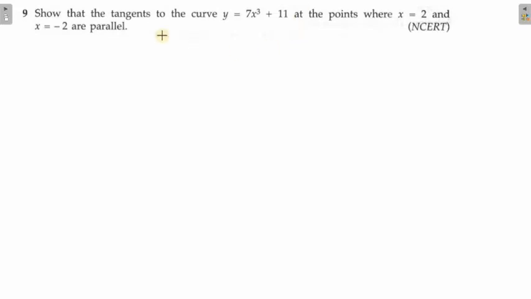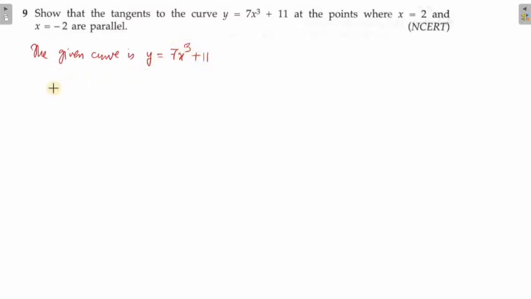Let's move to question number 9. Let's see what this says. Show that the tangents to the curve y equals to this one at the points x equals to 2 and x equals to minus 2 are parallel. Very simple question. The given curve is y equals to 7x cube plus 11.